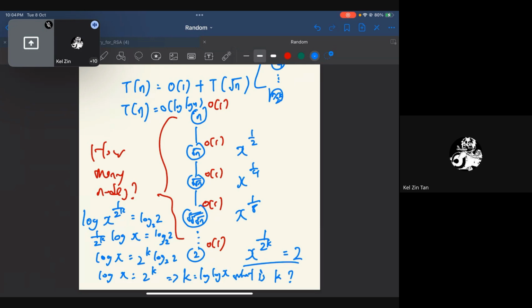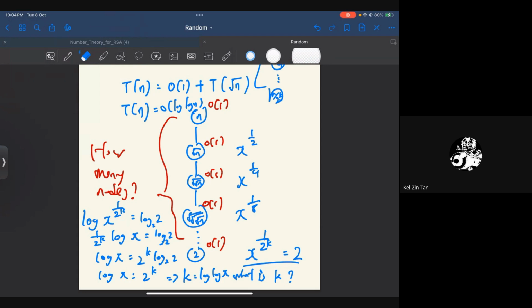So another way to think about this is that you can represent things in binary. If you represent a number in binary, then if you take the square root, it will decrease the length of the binary representation by half.